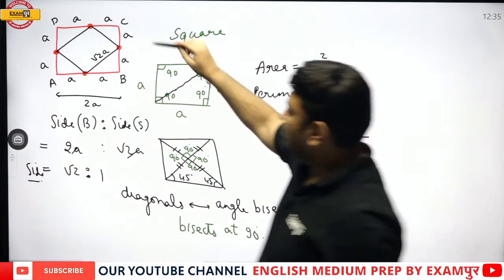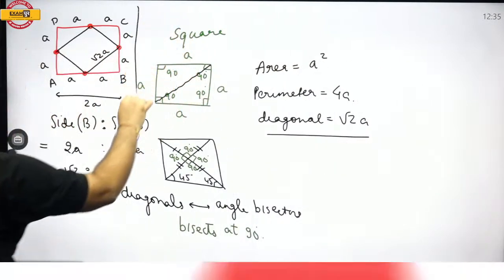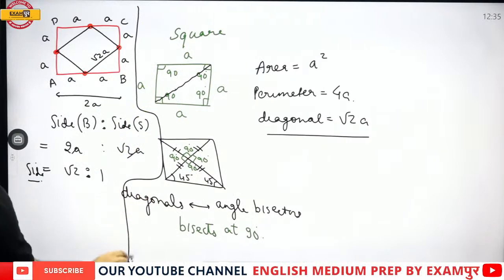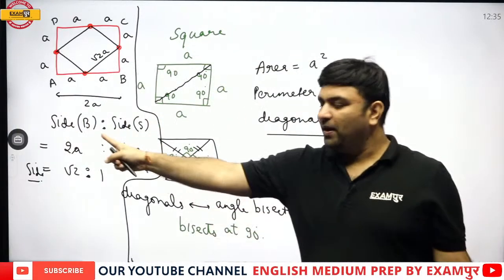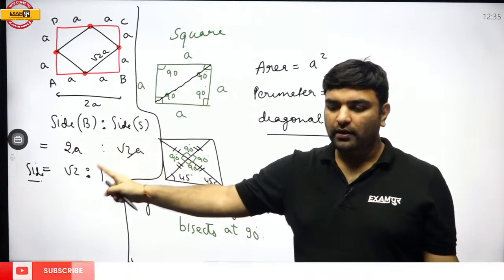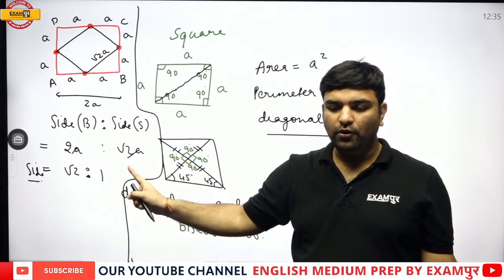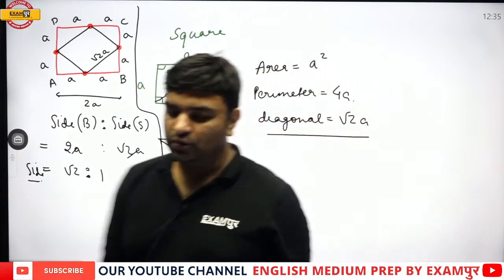Side of a bigger square and side of a small square are maintaining a ratio of root 2 to 1. Is it clear till here?